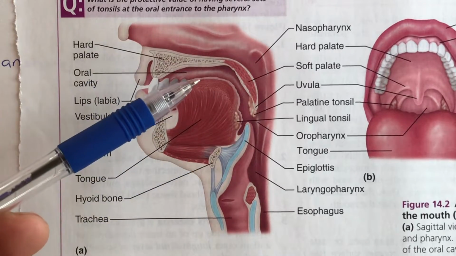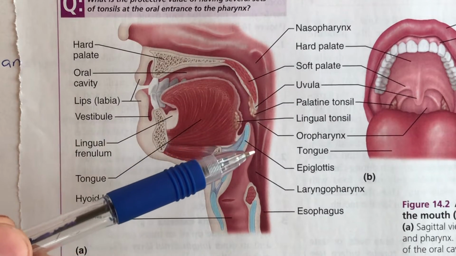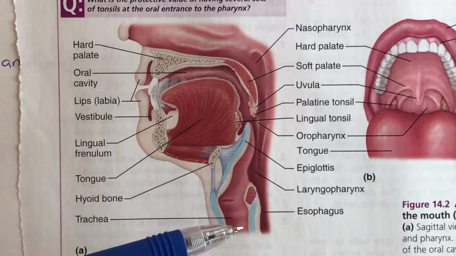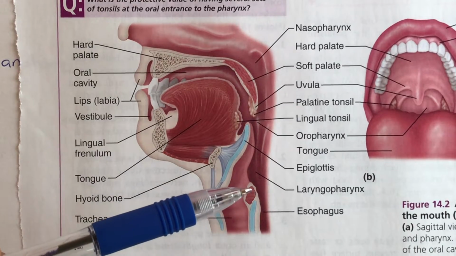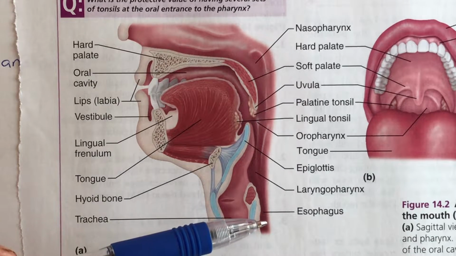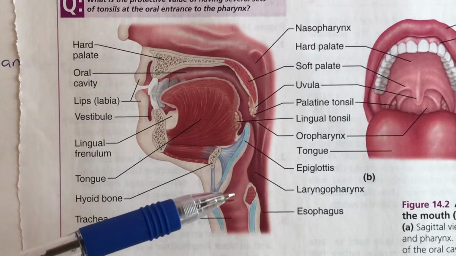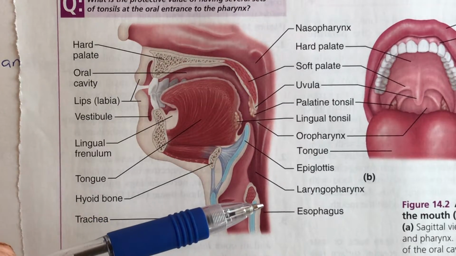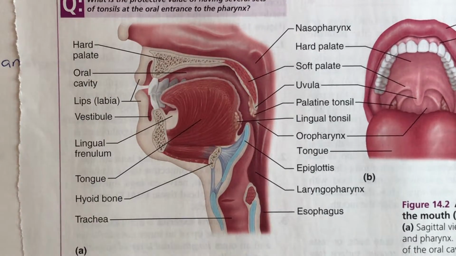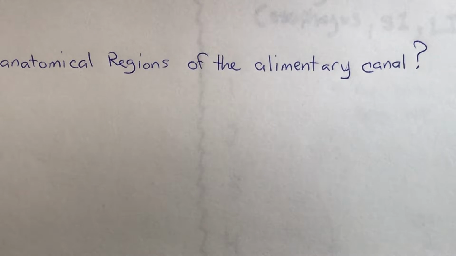If we're just breathing, then we can breathe air through the mouth or the nose, and then it can go down the trachea. Of course, we can also swallow air, but what's most important is that food doesn't go forward, it goes backward to the esophagus. So the second is the pharynx.